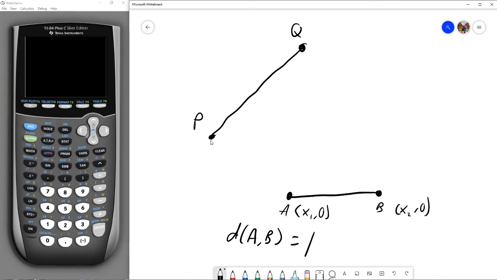Then we could say the distance is the absolute value of x2 minus x1, and that would tell us the distance between A and B.